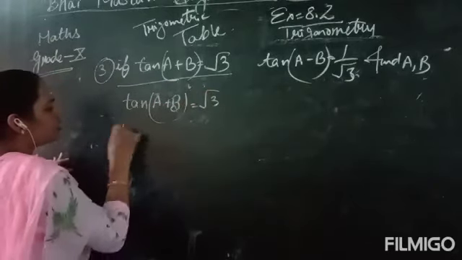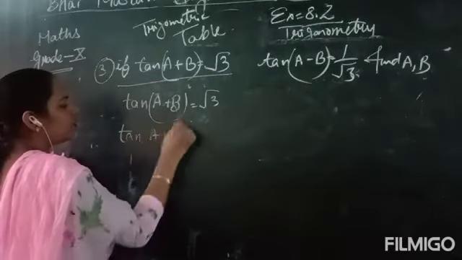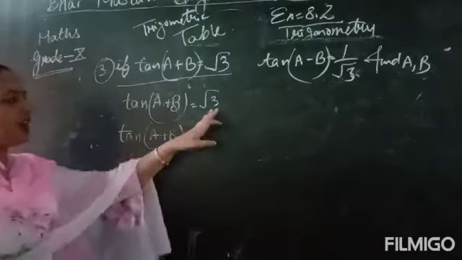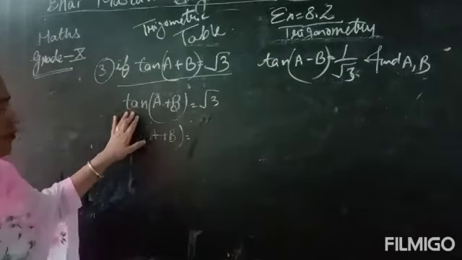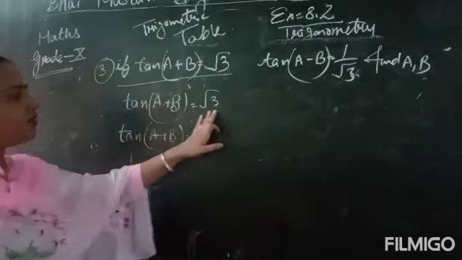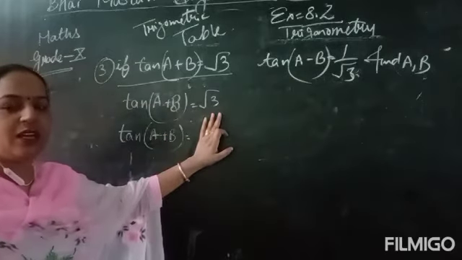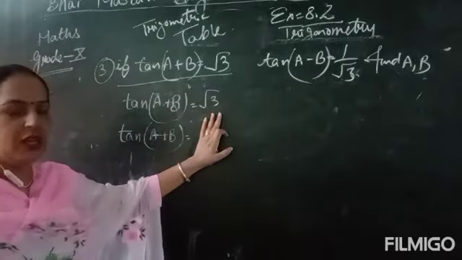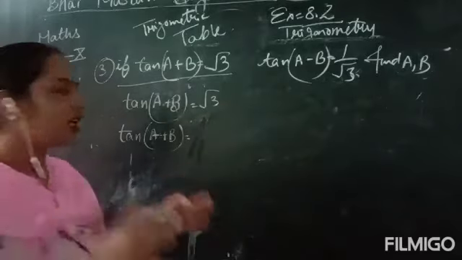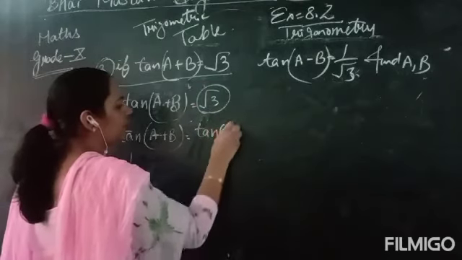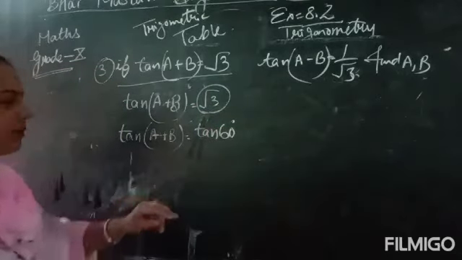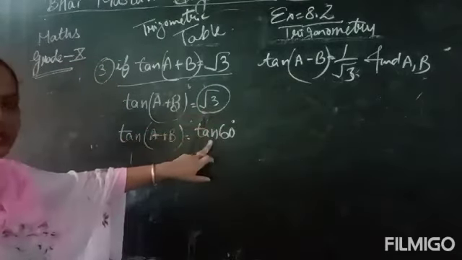From the table, find the value of root 3. In the table of tan, you have to see at what angle root 3 is mentioned. When I look at the table, I found the value of root 3 at tan 60.